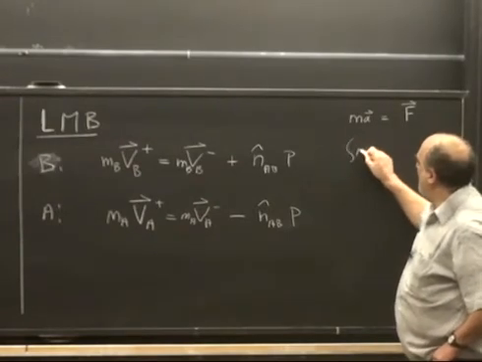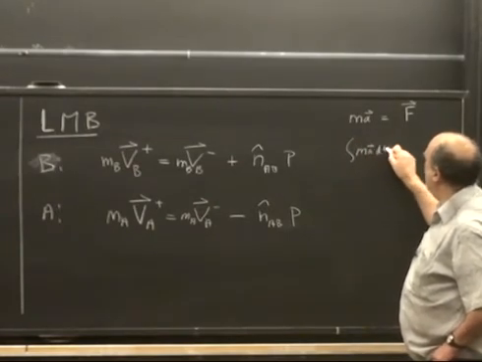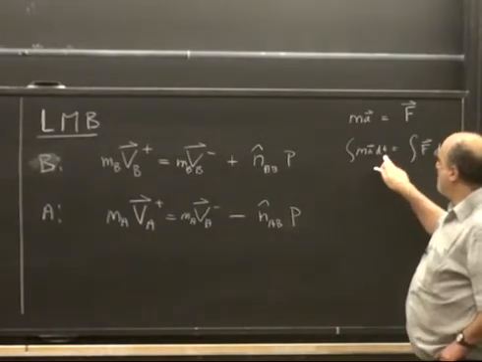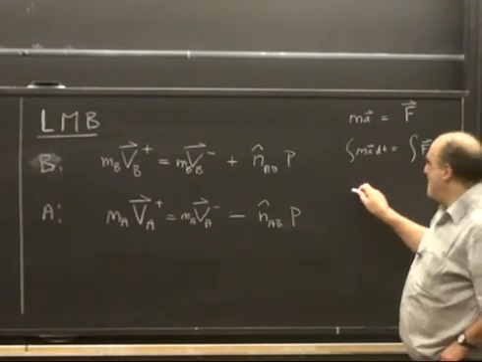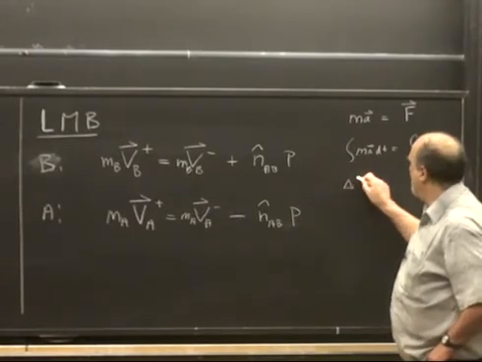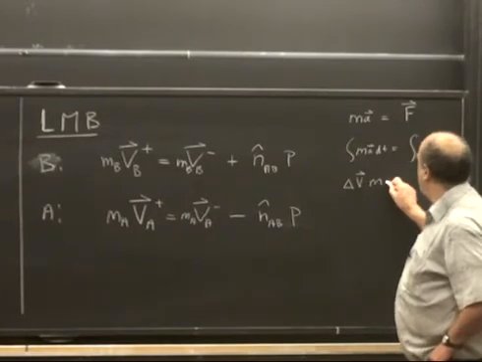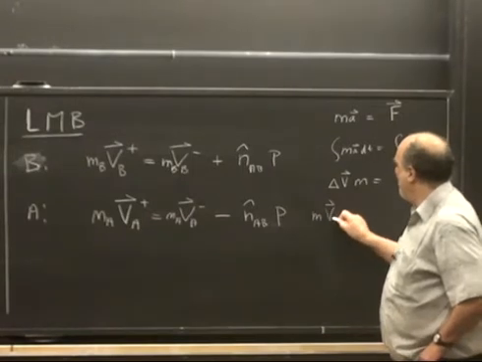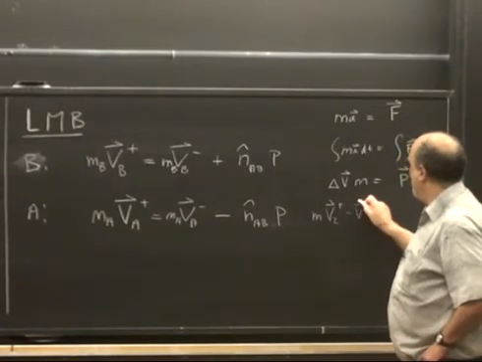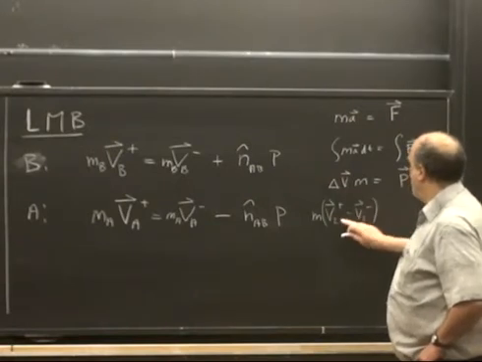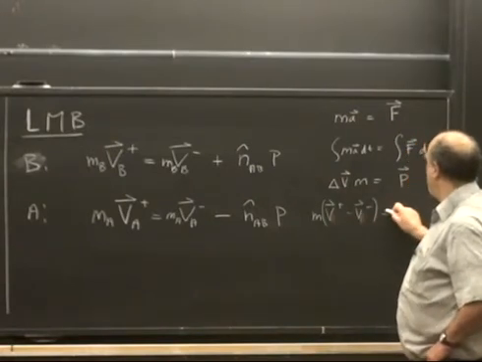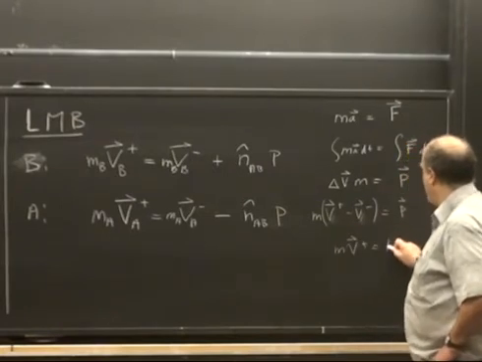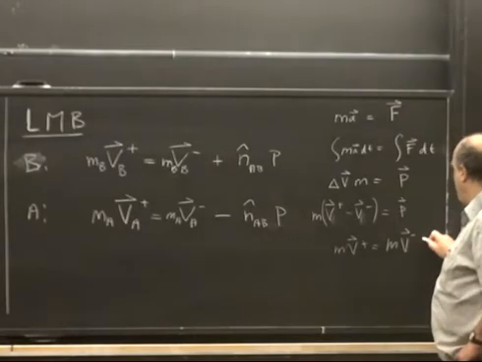And therefore, if we take the mass times the acceleration integrated dt equals the integral of force dt, then we see what this says. The integral of mass times acceleration is the change in velocity. So it means the change in velocity times the mass is equal to the impulse. And this says that the mass times v plus minus v minus is equal to the impulse. So it says m times v plus is equal to m times v minus plus the impulse.